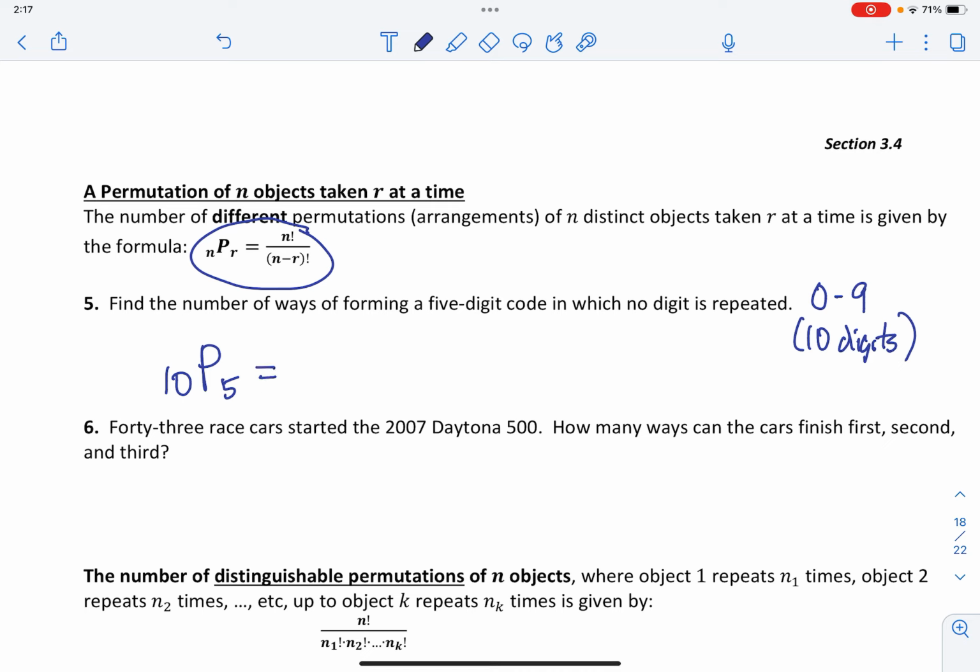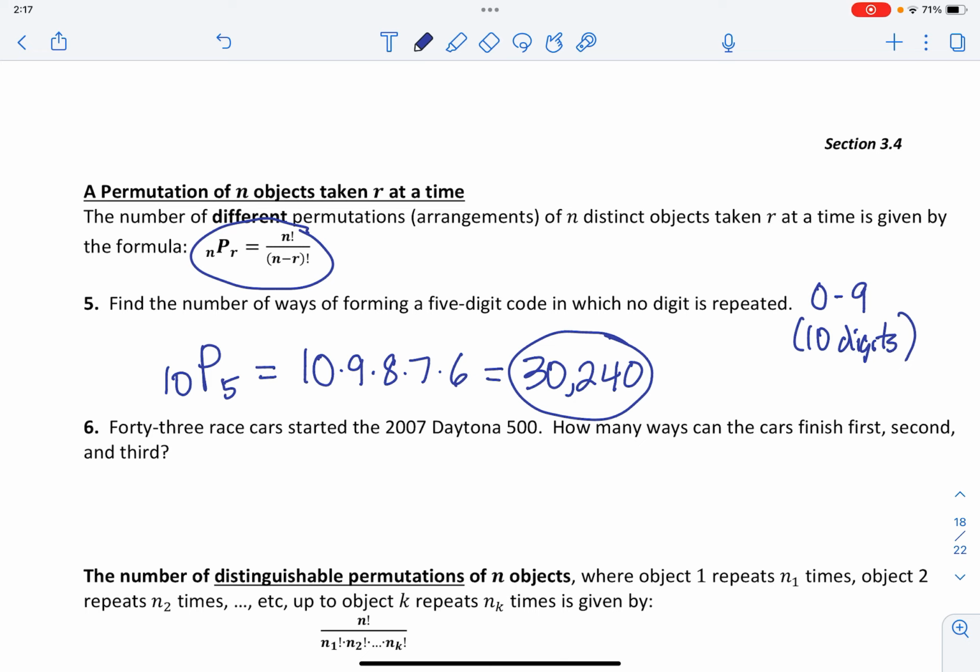My choice way of doing it, I would just start with 10 and then just keep decreasing it until I have 5 numbers. 10, 9, 8, 7, 6 is a total of 5. Okay, and then calculate that out. That turns out to be 30,240. And I'm done.